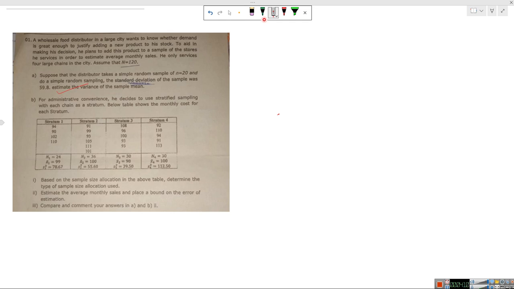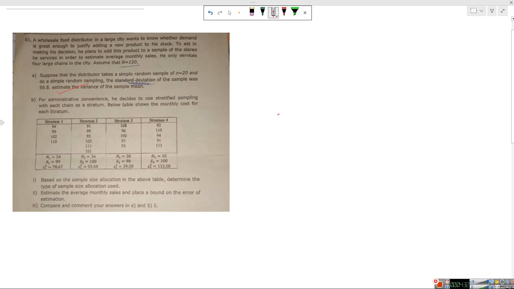So for stratum 1, the cost is this. Anyhow, we will just read this. Some data is given and the summary data is also given.